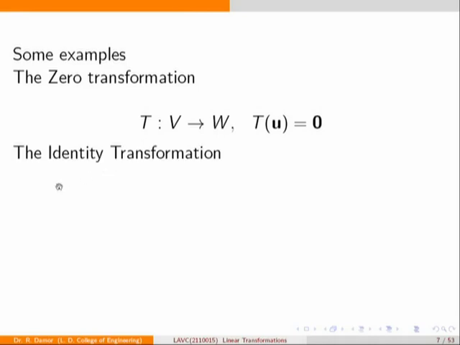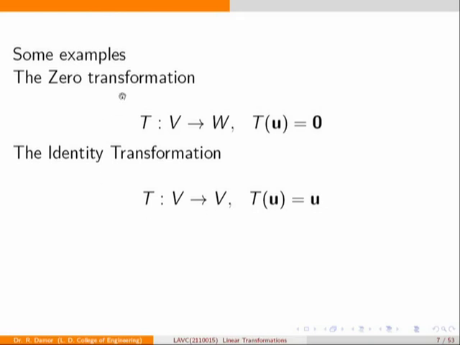The identity transformation. How do you define the identity transformation? T from V to V, T of u equal to u. Is this a linear transformation? Yes, it is linear. And here W equal to V, so this transformation is nothing but an operator.